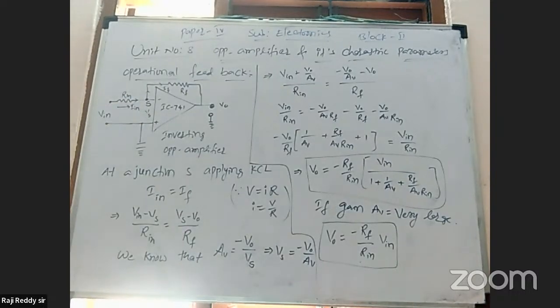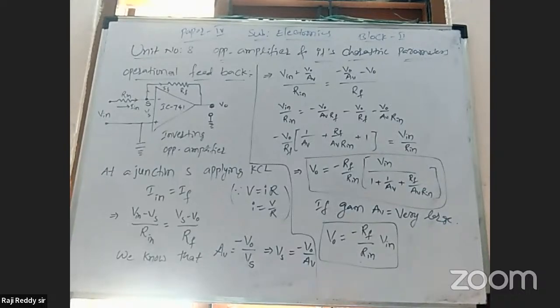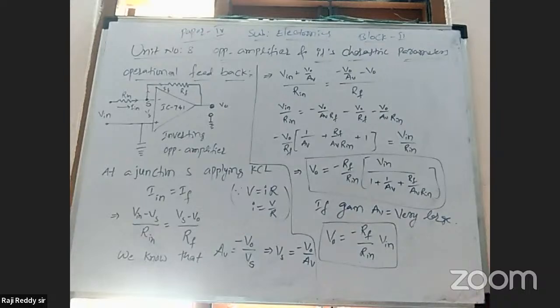This may be explained by determining the effective impedance between S and ground, which is given by the ratio of Vs to the input current.